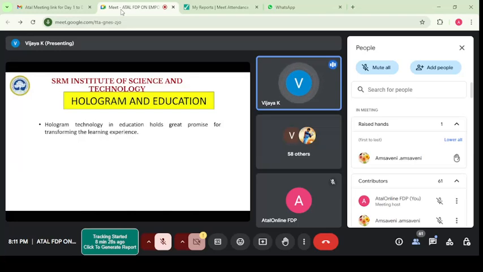So if we embrace this technology, as such, people have started using it here and there, but the technology has not penetrated that much into the education domain. So we can help shape the future of education and better.